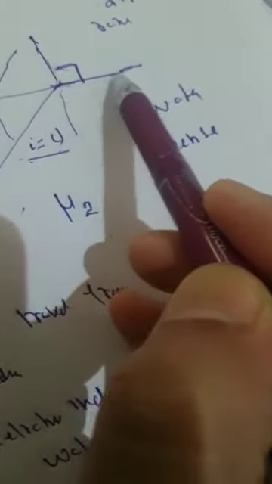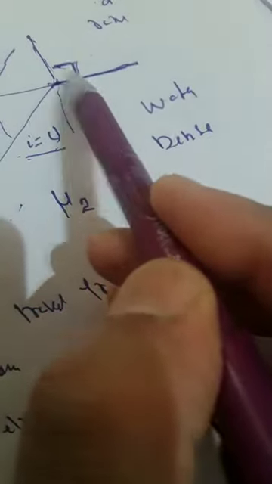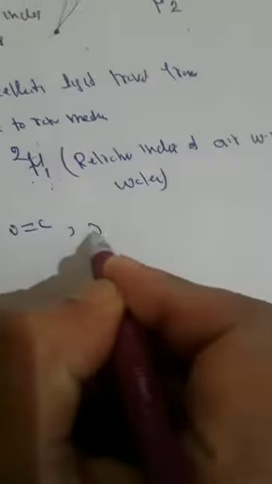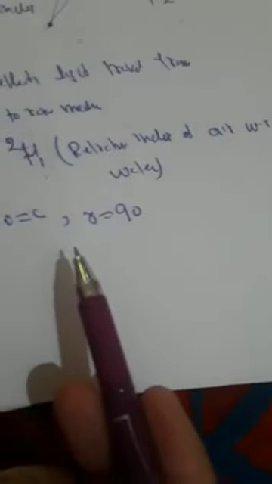That means the bending ray coincides with the interface, and it makes with the normal the angle R equal to 90 degrees. So when I is equal to C, R is equal to 90 degrees.